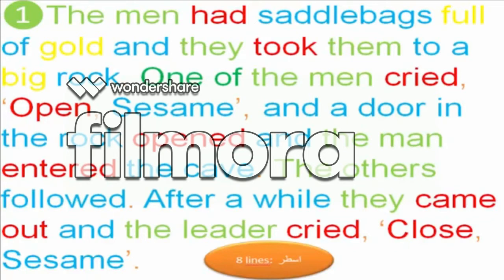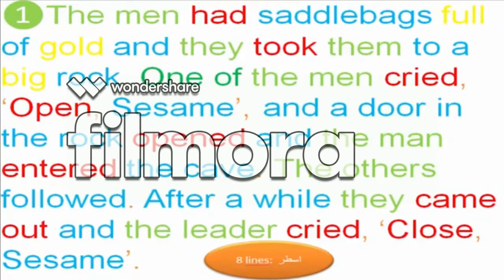saddlebags سروج بمعنى سروج على ظهور الأحصنة, full مملوءة of gold بالذهب, and they took them. This is a possessive object pronoun, ضمير للمفعول به. Took, the verb to take أخذ, took in the past, irregular. أخذوهم. أخذوا ماذا؟ saddlebags السروج المملوءة بالذهب. They تعود على the men الرجال الجمع.